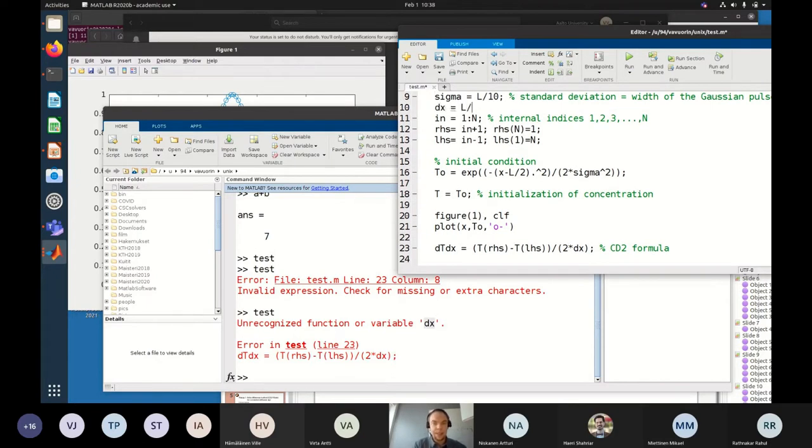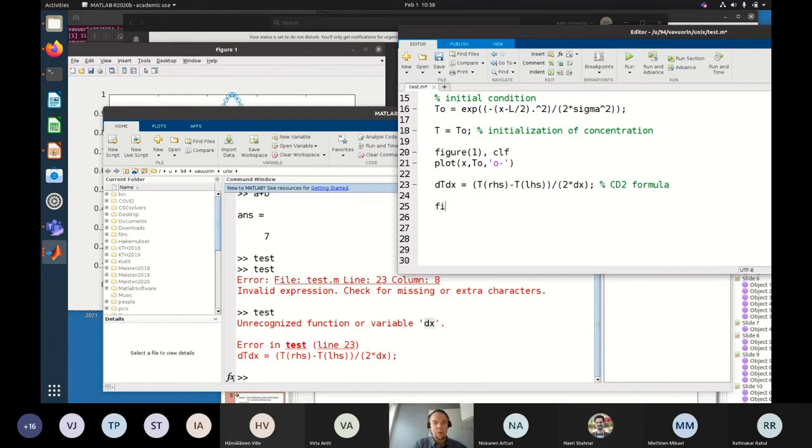So delta x is L divided by the width of the domain. This would be grid spacing dx. And let's look at the picture of the derivative. Let's write.